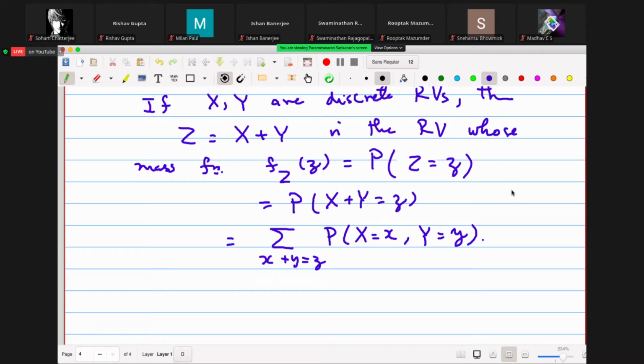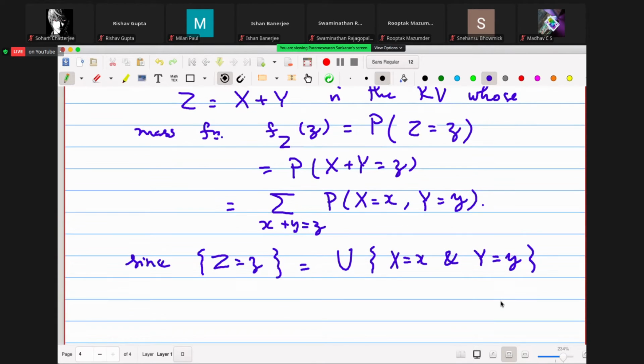So what we have done is, the set Z equals z, as a subset of omega, is the union of the sets X equals x and Y equals y. Allow x and y to vary arbitrarily, so the union is over x comma y, but subject to the constraint x plus y equals z.